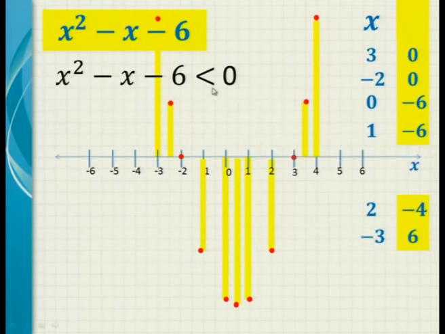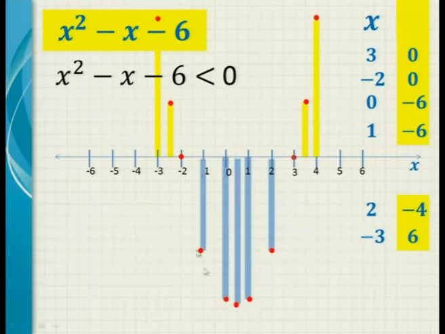But the question is, where are the yellow box values less than 0? Well, everything under the line is less than 0. Can you see all these values here for the yellow box are less than 0? And which x values give me those? Well, these ones here.